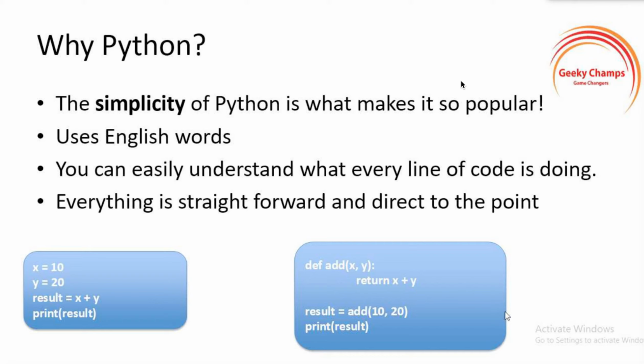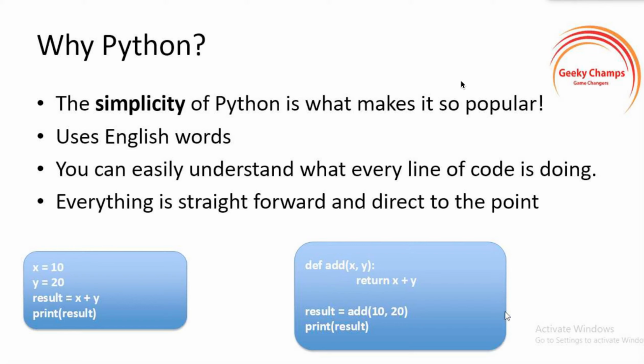So this is so simple, right? And it is implemented in those simple steps. The words which I have used over here are very simple. These are English-like words. This is another way we can write that particular code. This is called a function.